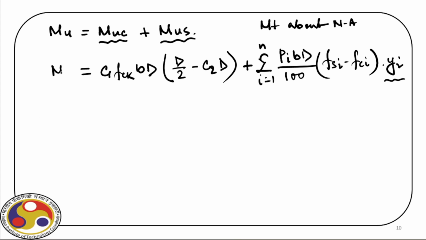So now we have the moment capacity, and this is again the expression that we see in the Indian code.